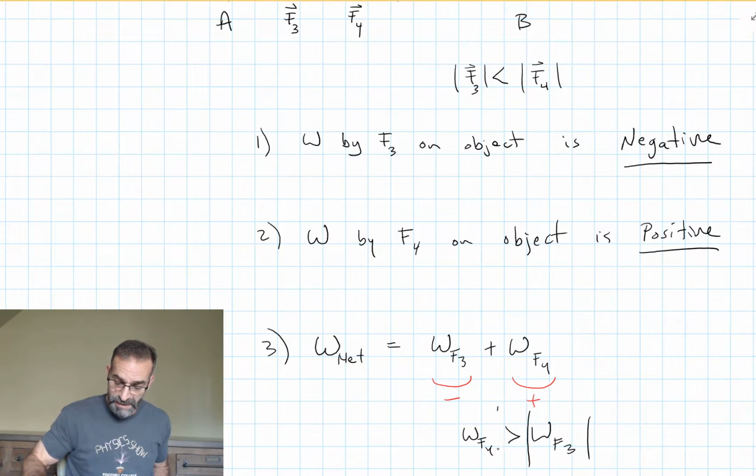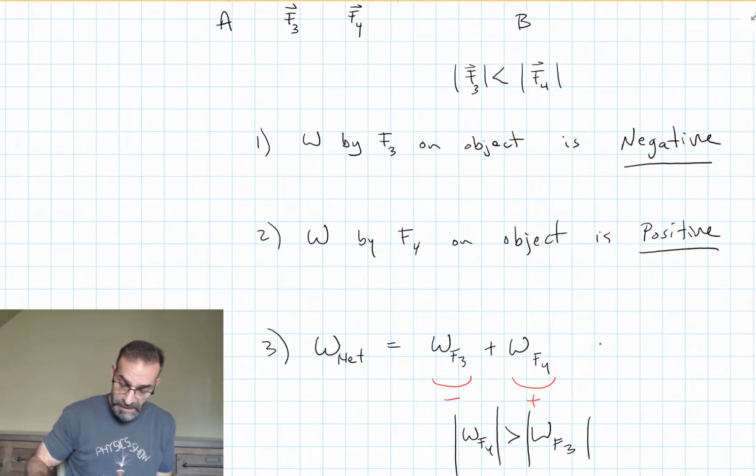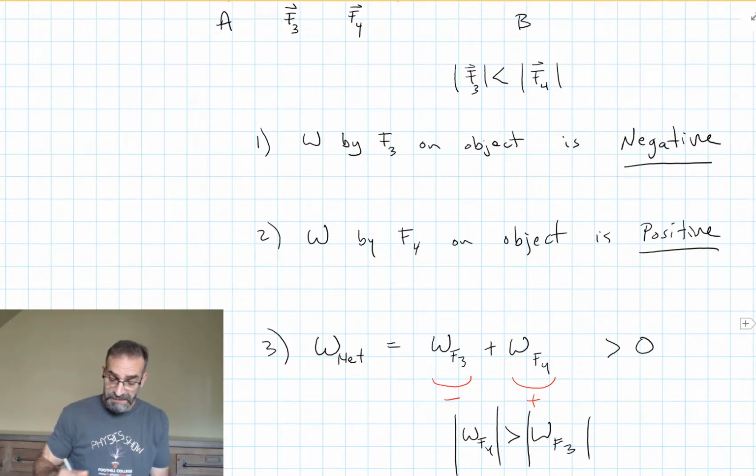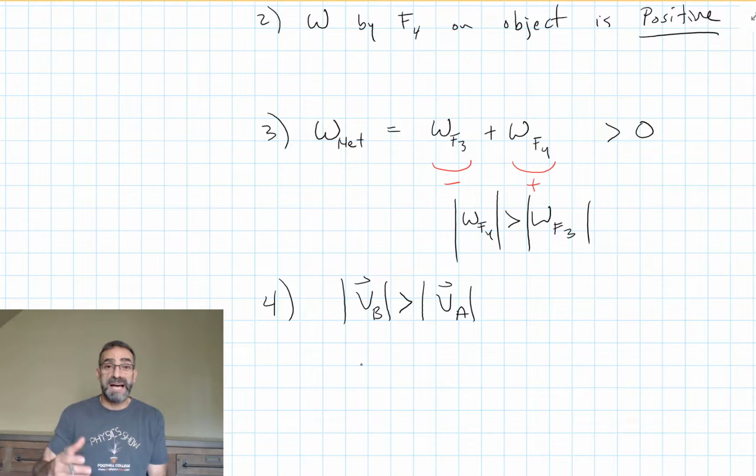I should put absolute values around them. The magnitude of the work done by F4 is greater than that of F3. So that means that my net work done is positive. What can I say about the speed of the object at point B compared to the speed at point A? It has to be moving faster because positive work was done on our object. Its energy increased.